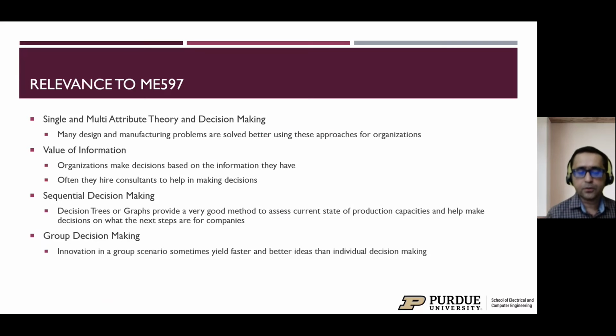The other part that we learned was sequential decision making. In an organizational aspect, sequential decision making can help an organization, say, look at production capacity. So when we looked at the first few slides where we talked about strategic, tactical, and operational decisions, decision making can be done in an organization using sequential decision making methods.